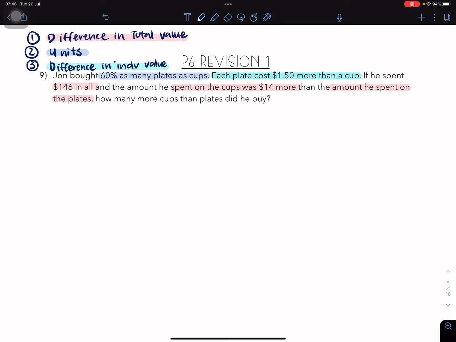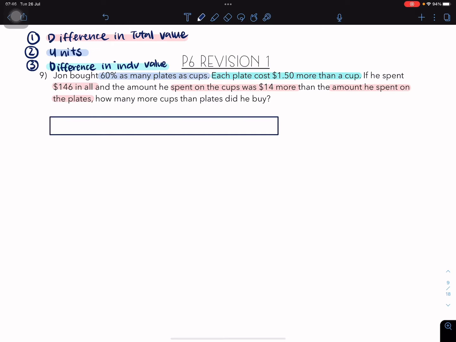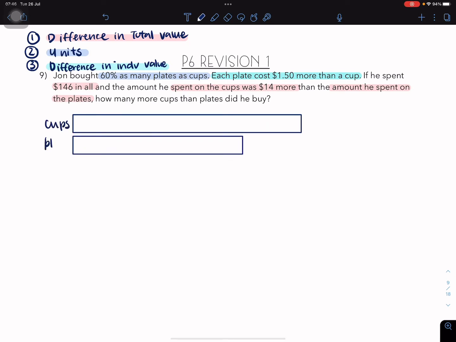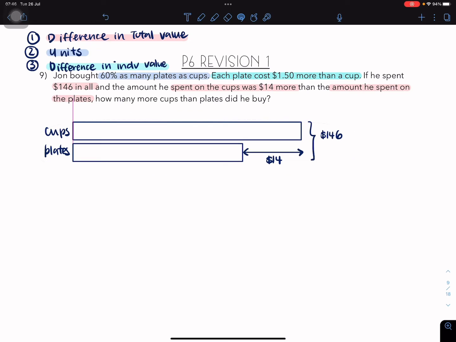Difference in total value is something that I told you that you could have done in lower primary. $14 on cups, then on plates. Cups, plates. Total, 146. Difference, total difference I mean, 14. Now, can we find the individual value?